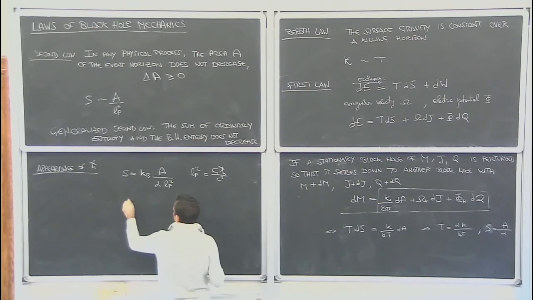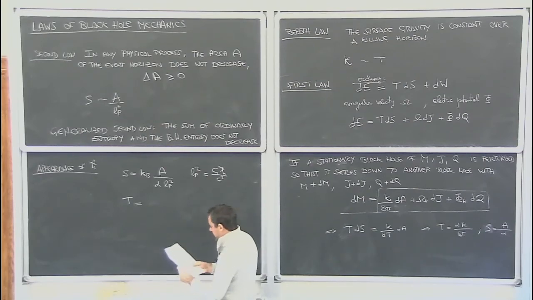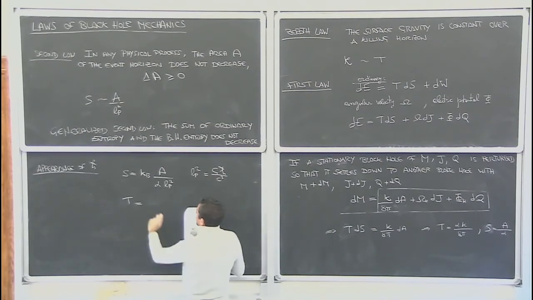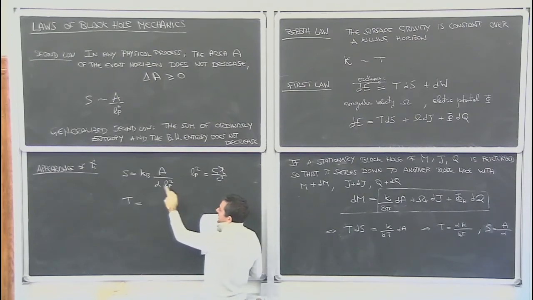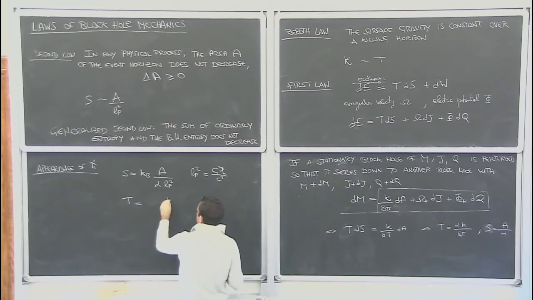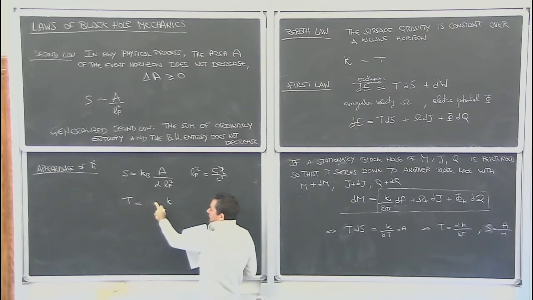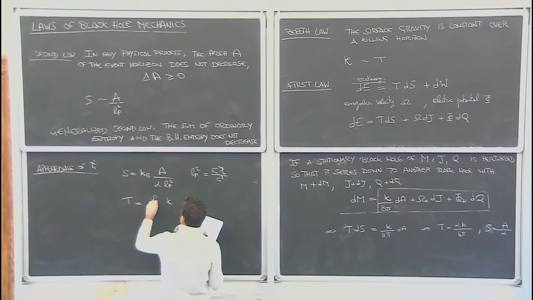And the same is true for the temperature. Also, the temperature a priori in general relativity does not contain any hbar. But since you have decided that the entropy must be related to the area in this way, the temperature must be related to the surface gravity with a Planck length squared at the numerator. But then it also contains some factors c and G, so that you end up with this expression.